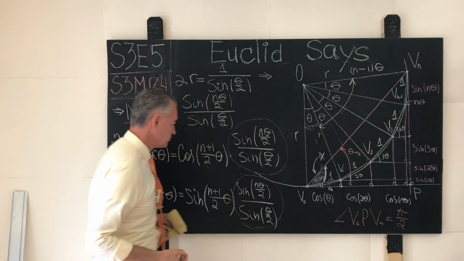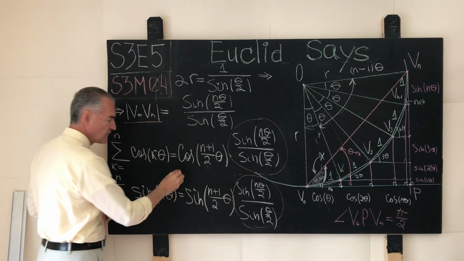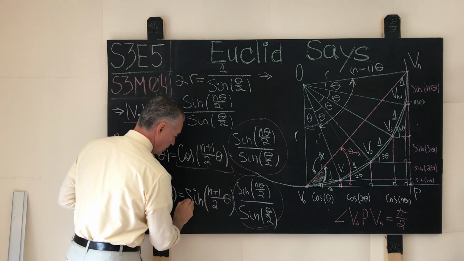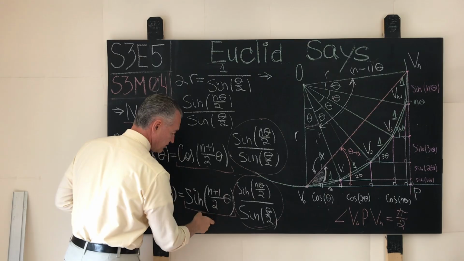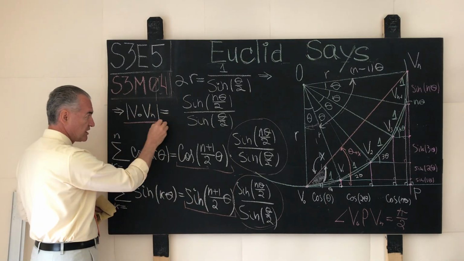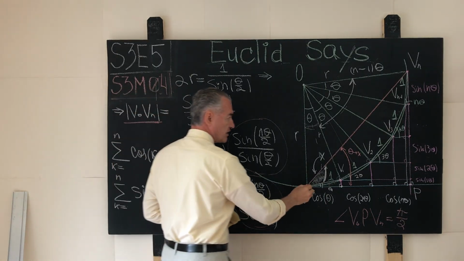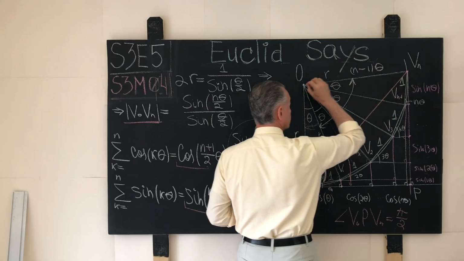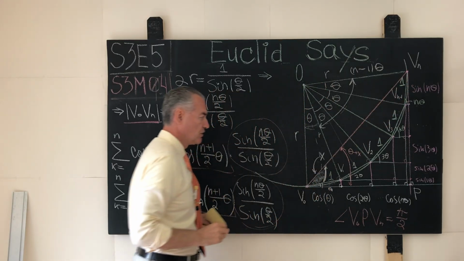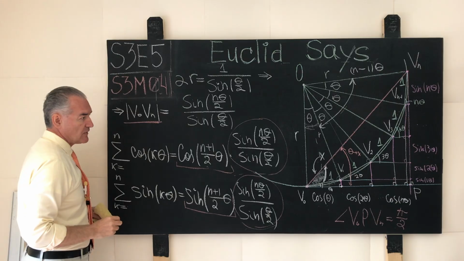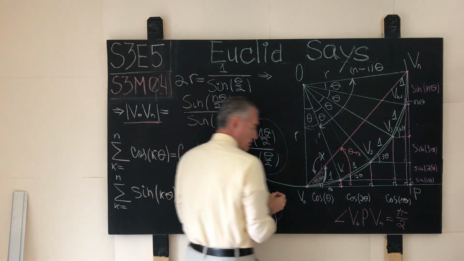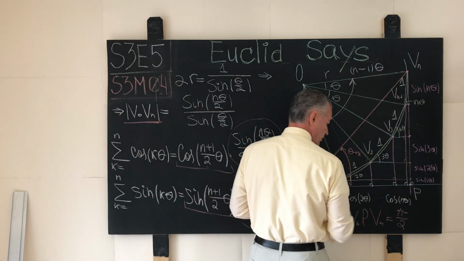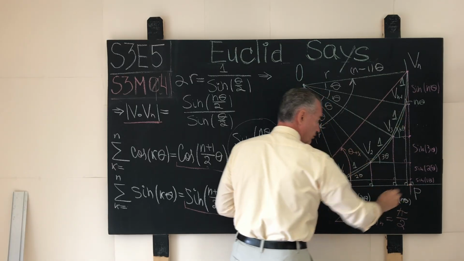Game over. This is the explanation of this beautiful relationship where the sines and cosines project one and the same line segment, the base of the isosceles triangle VN O V0, onto the corresponding horizontal and vertical. Horizontal for the cosines and vertical for the sines.